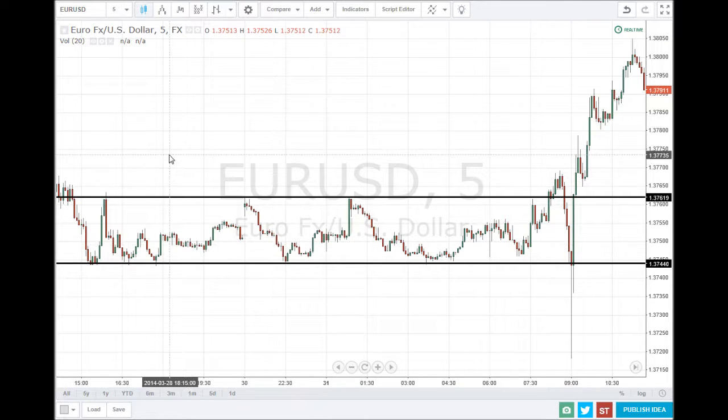chart. So we have a number of opportunities to hedge positions: call, put, call, put, call, put, and then another call here.